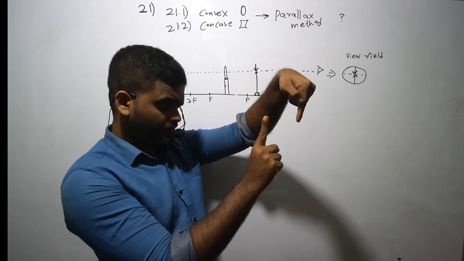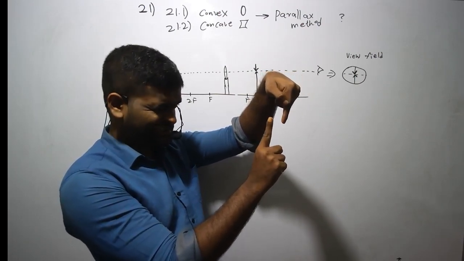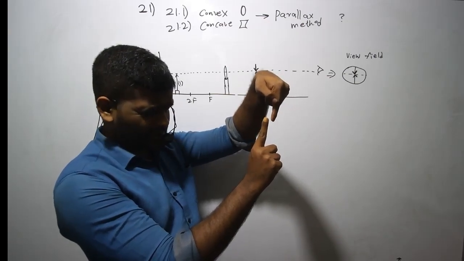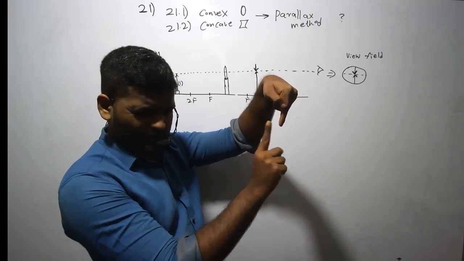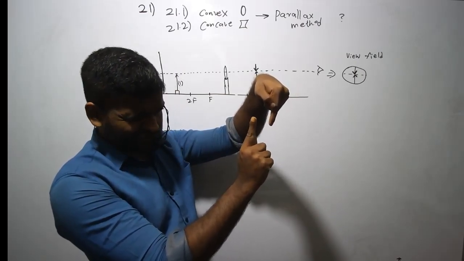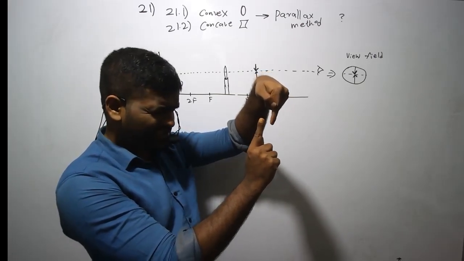So you move your eye. Use only one eye, right? When you move, relative to the observing pin, notice the direction of the image. So you need to see a relative motion actually.